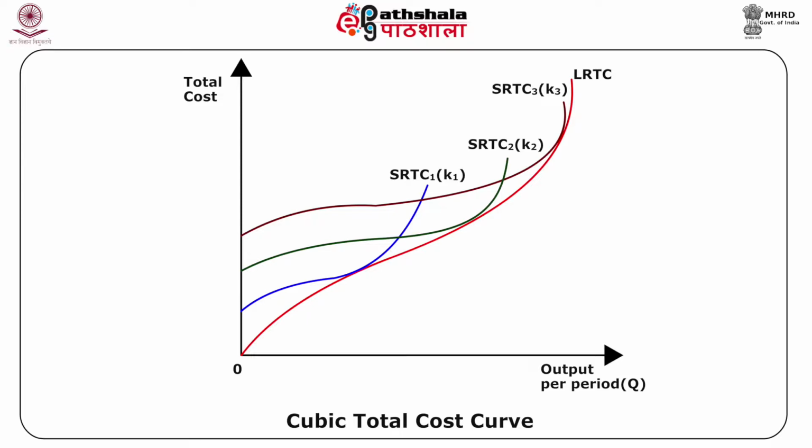In the short run with K constant, there is an optimal SRTC for every level of output. In the diagram, we see that SRTC1 has K1 level of capital, SRTC2 has K2 and SRTC3 has K3, etc. In the long run, K can be varied.